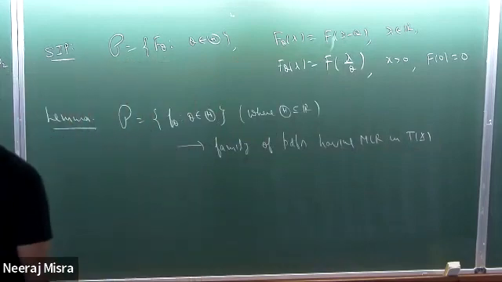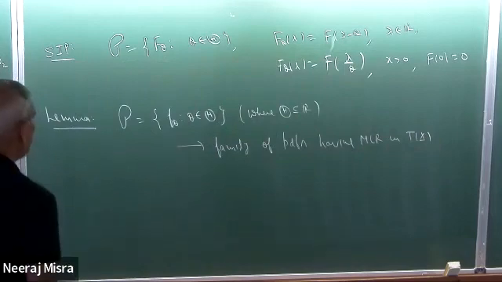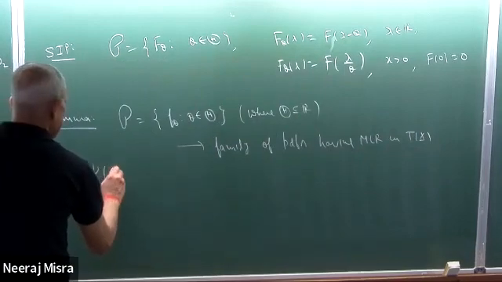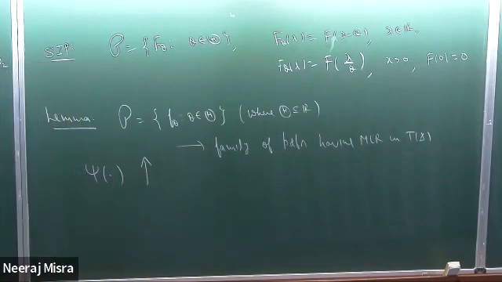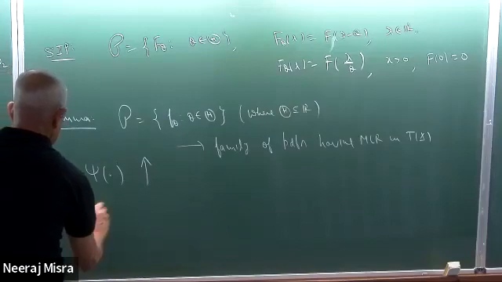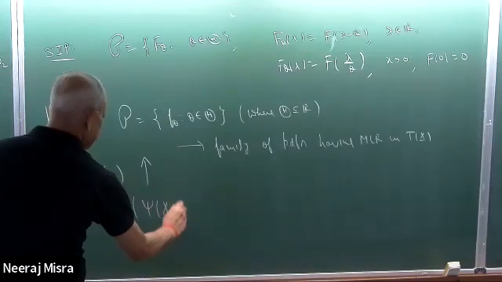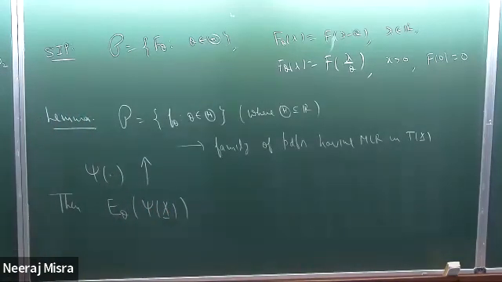That means f_theta2 upon f_theta1 is an increasing function of T(X) whenever theta1 is less than or equal to theta2. Now suppose psi is an increasing function, a non-decreasing function. Then expected value of psi(X) is increasing in theta.